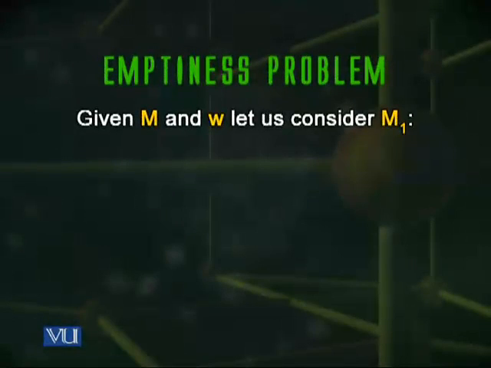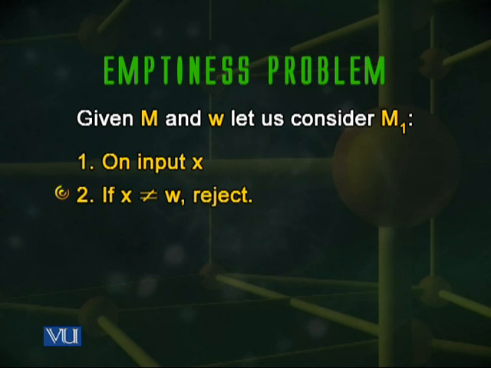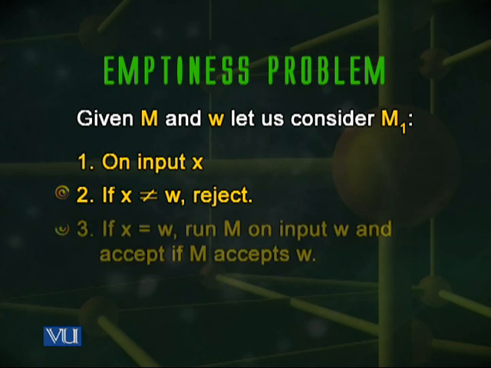Well, yes, there is a cleverer idea. Let's have a look at it. Let's say we are given a pair M comma W. Suppose we construct a new Turing machine M1 as follows. On input X, this Turing machine will compare X and W. If X is not equal to W, it will reject. If X is equal to W, then it will run M on W and it will accept if and only if M accepts.